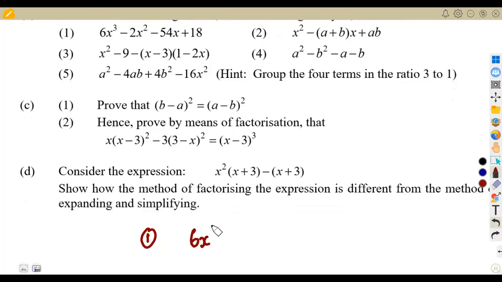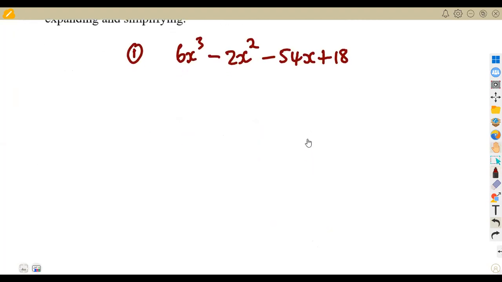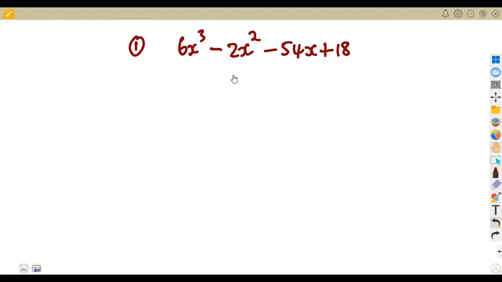That's 6x to the exponent of 3 minus 2x to the exponent of 2 minus 54x plus 18 like this. It's actually true that we've got the same scenario just like the previous question. This is the same situation.